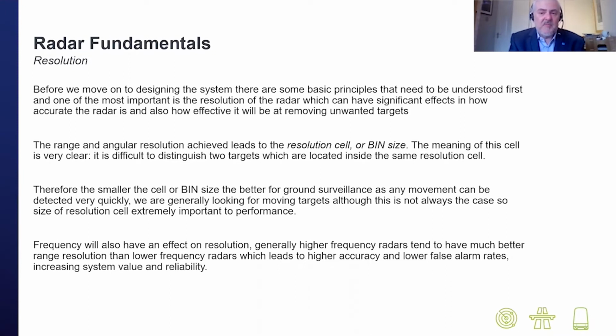If you compare it to a CCTV camera, it's like a pixel size in effect. This defines the ability to distinguish two targets which are close together. Therefore the smaller this bin size or pixel size, the better the system is going to work, particularly for ground surveillance, where you need to detect movements very quickly and you're generally looking at moving targets, although that's not always the case. So the size of the resolution cell is a critical factor to consider.